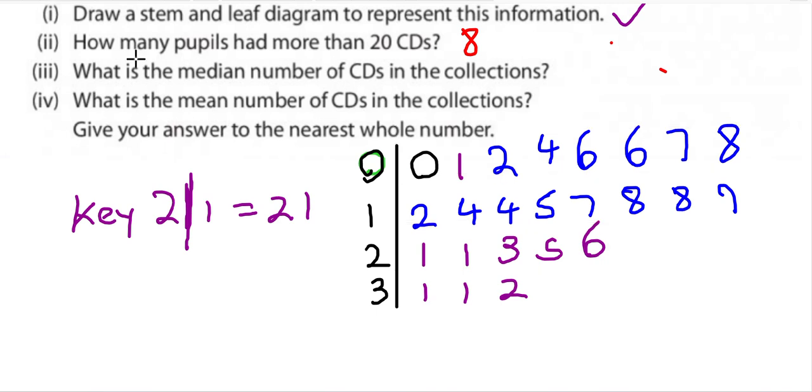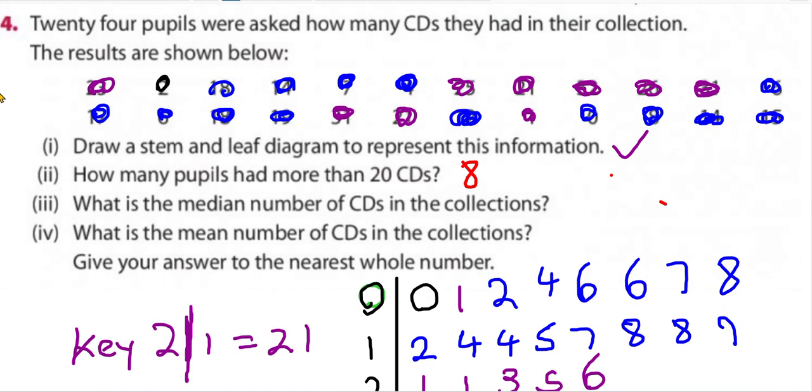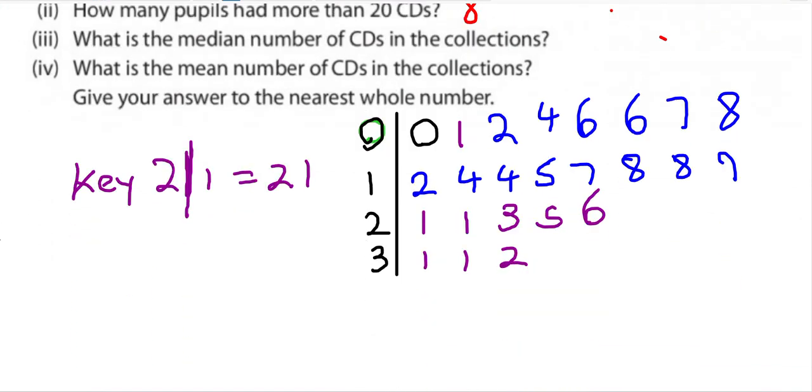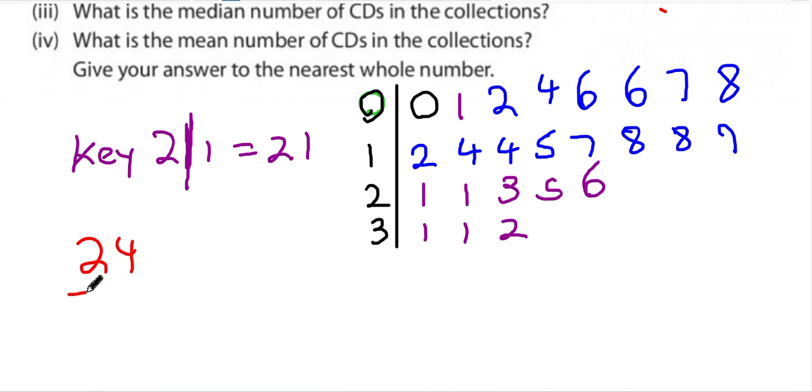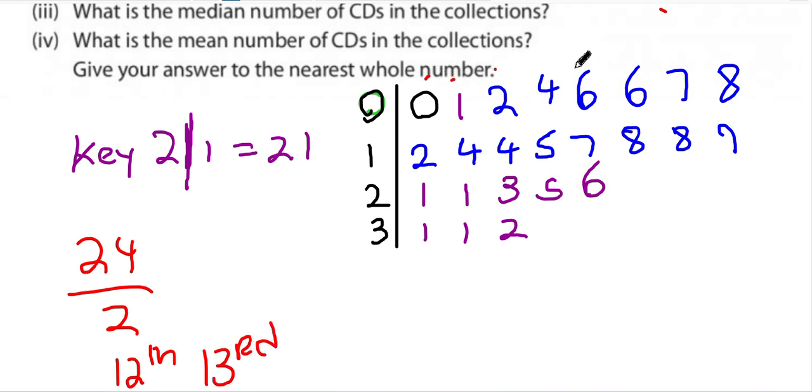Now, what I want you to do next is find the median. How many people were there again? 24. Who's the middle of 24? 12 and 13. Let's count: 1, 2, 3, 4, 5, 6, 7, 8, 9, 10, 11, 12 and 13.